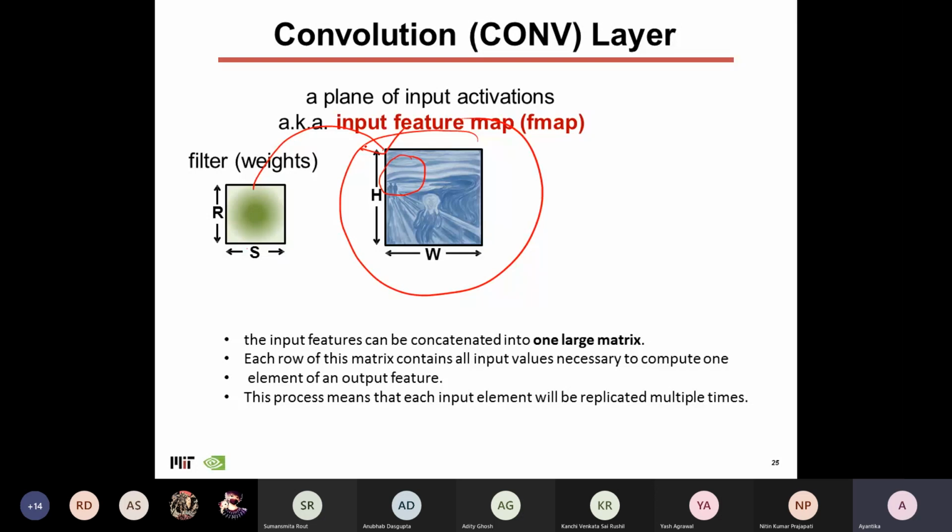We try to extract some pattern from this input matrix. That's why we choose a filter. We define the values of this filter matrix, and then we apply this matrix multiplication on the whole large matrix.